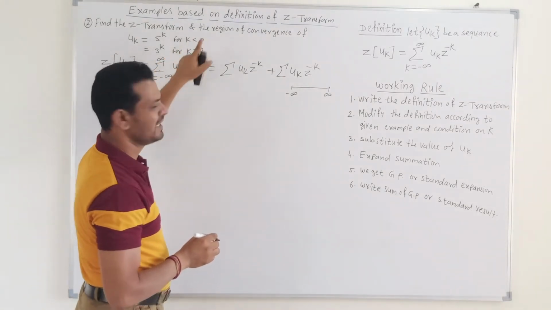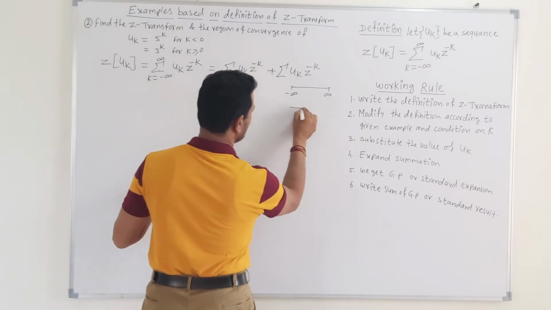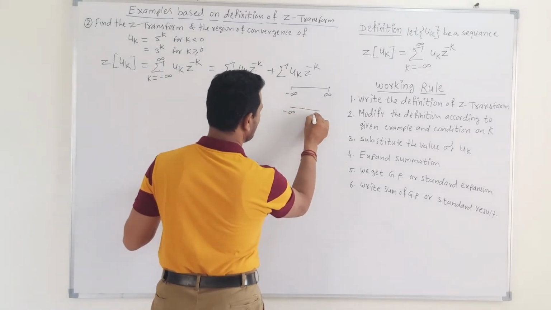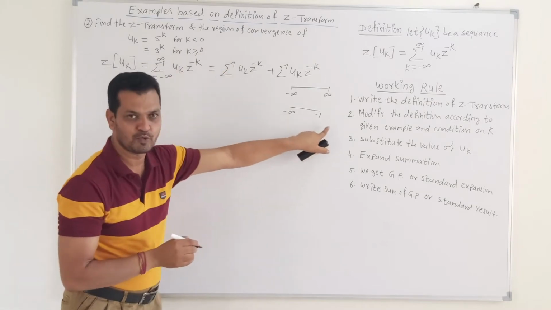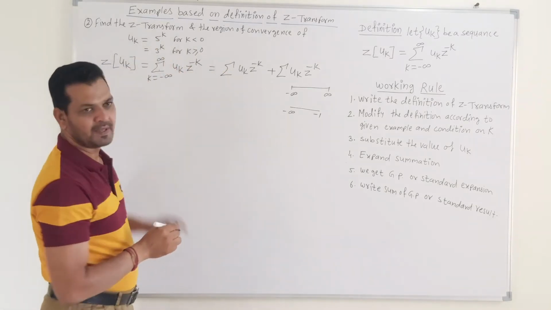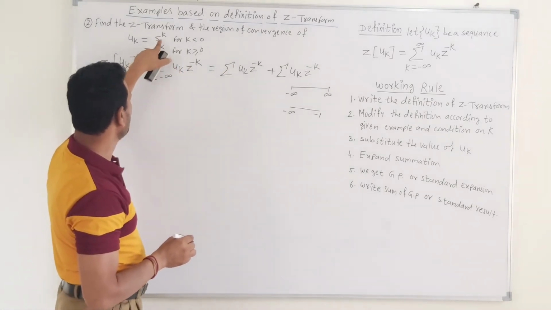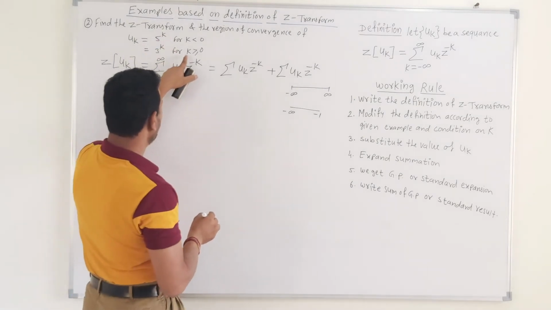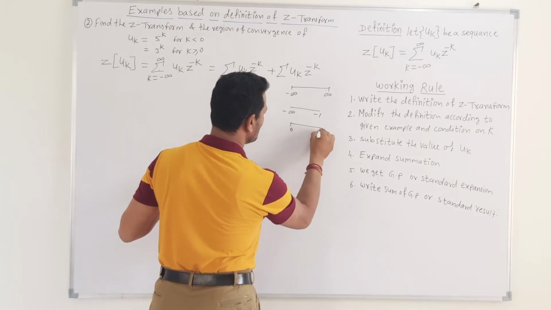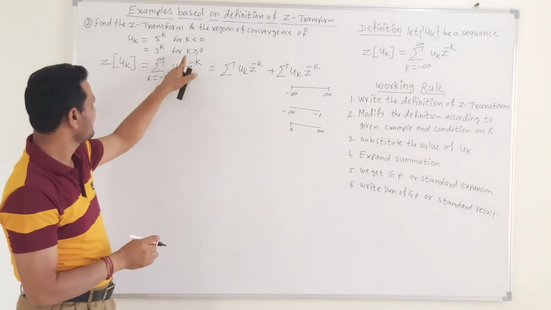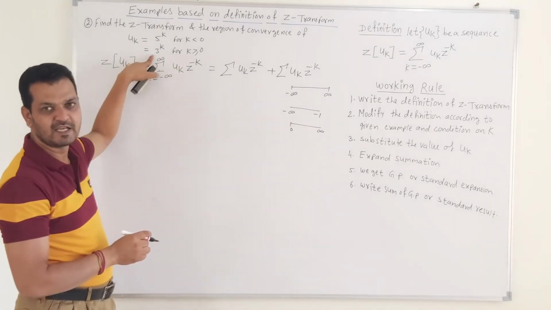So k is less than 0, that means from minus infinity to minus 1, the value is 5 raised to k, and k is greater than or equal to 0, that means this value goes from 0 to infinity. For this interval, the value of the sequence is 3 raised to k.